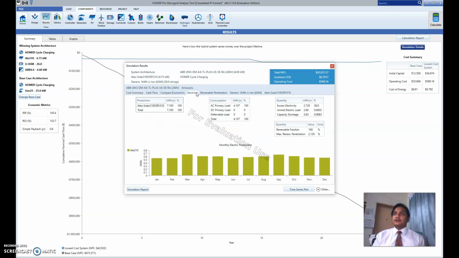In terms of the electrical, this bar graph shows the monthly electric production using the PV panel, where the production is up to 7,165 kilowatt-hours per year, while the consumption of the AC primary load is 4,107 kilowatt-hours per year.